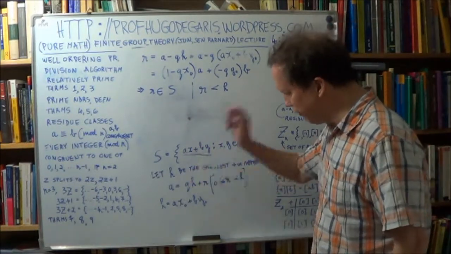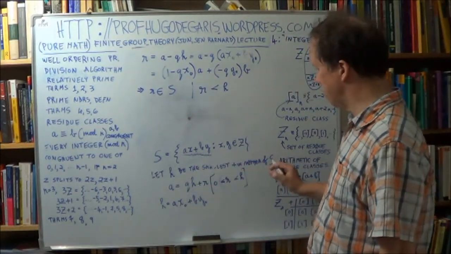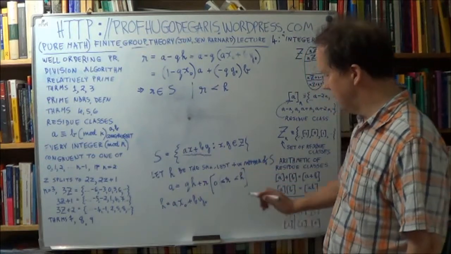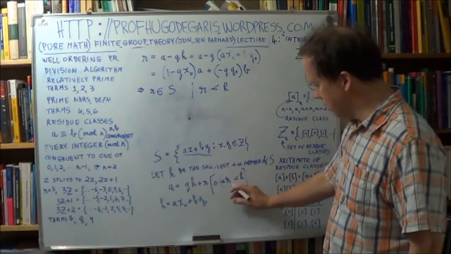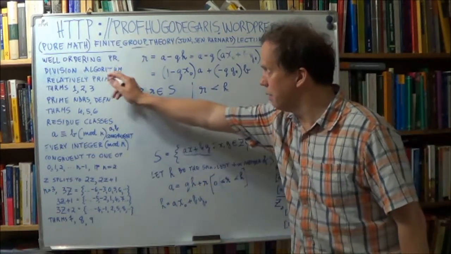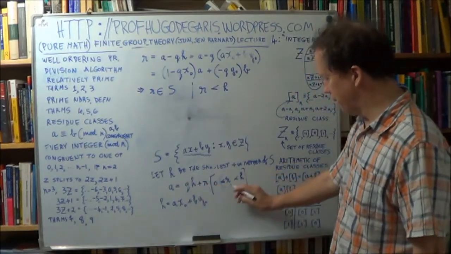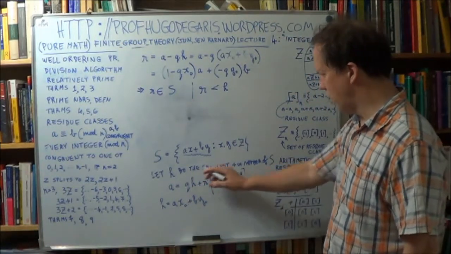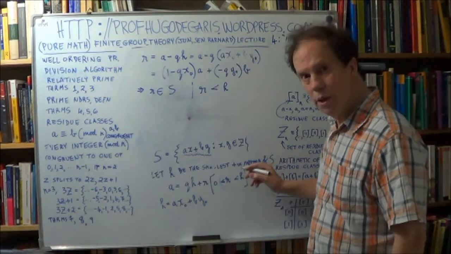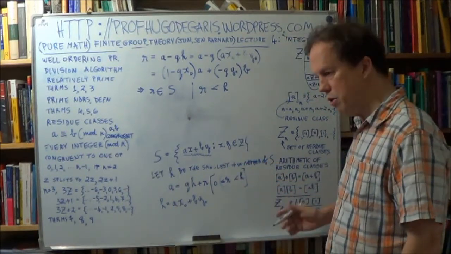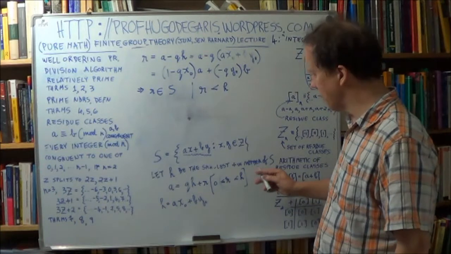By definition, we defined H to be the smallest positive member of this set, and R is less than H by the division algorithm. So how can these two be brought into agreement so they don't conflict with each other?